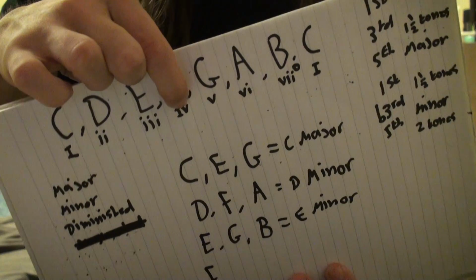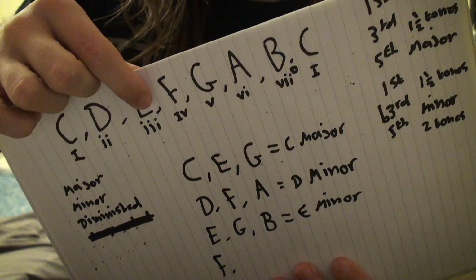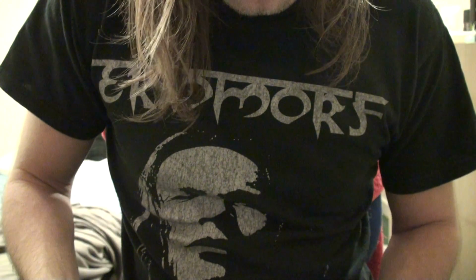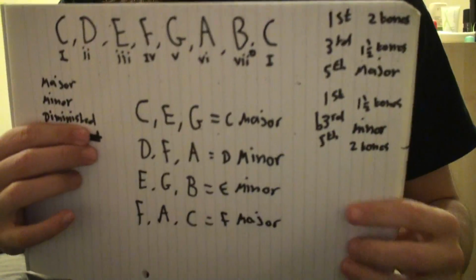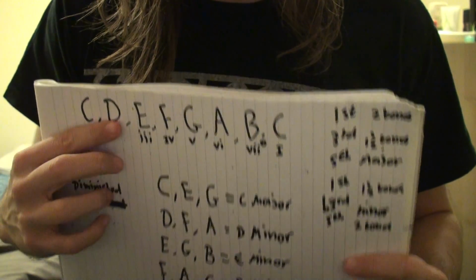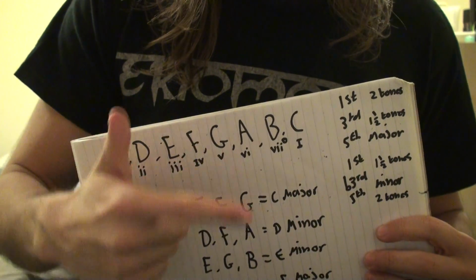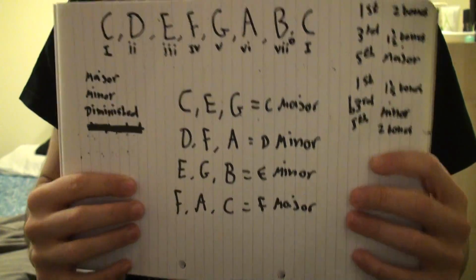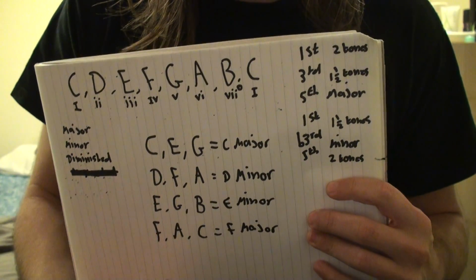Next we have F. That will be a major chord because it's capitalized. So that will be F, A, C. Remember, for major, from the first to the third there will be 4 notes. So F, F sharp, G, G sharp, 4 notes. And then between A and C there'll be 1.5.